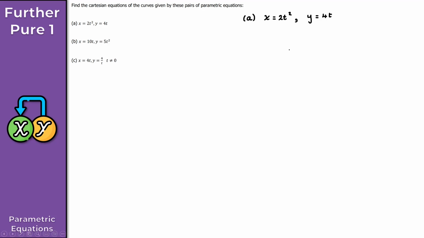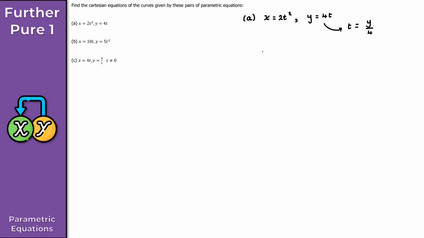Generally speaking, you want to choose the equation that is easier to work with, which in this case would be y equals 4t. So let's rearrange this equation, making t the subject. What we get is t is equal to y over 4. Nice and straightforward. Then we substitute that into this equation.